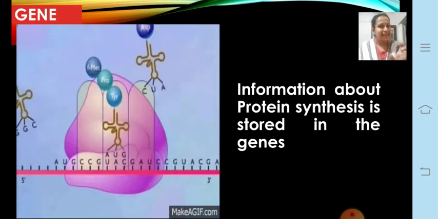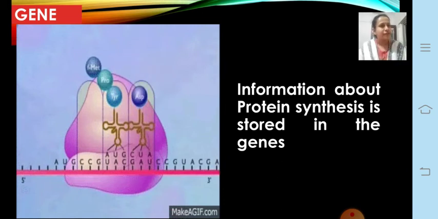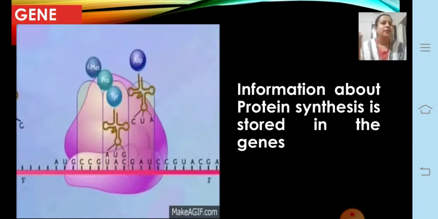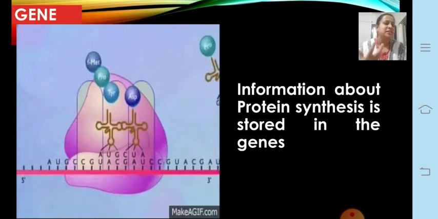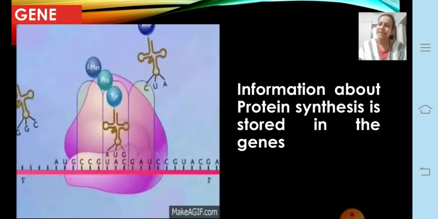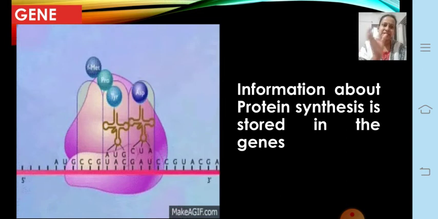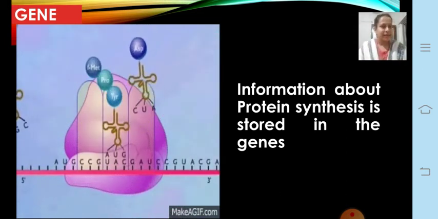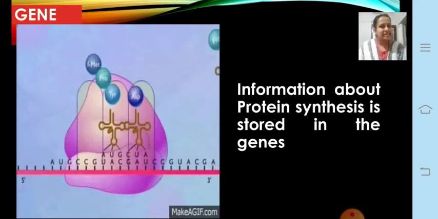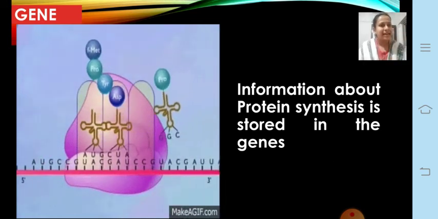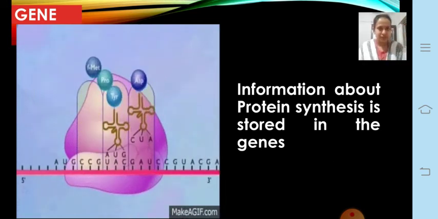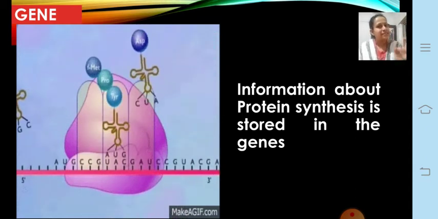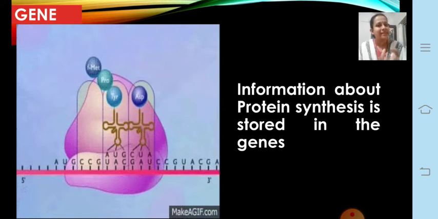But this RNA carries a message from where? From the DNA. That is why we say that DNA consists of information for the synthesis of protein. Each segment of DNA, that is a gene, is transferred into mRNA first, then mRNA is read by ribosomal RNA, that dome shaped structure, and transfer RNA brings amino acids according to the code they have.